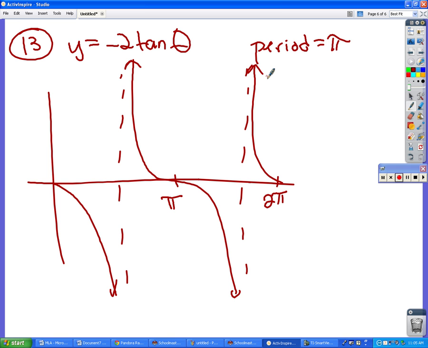Technically, the 2 in front of there makes it go down and up faster. It makes it steeper. And same deal for number 14. Is it 2 or just one?